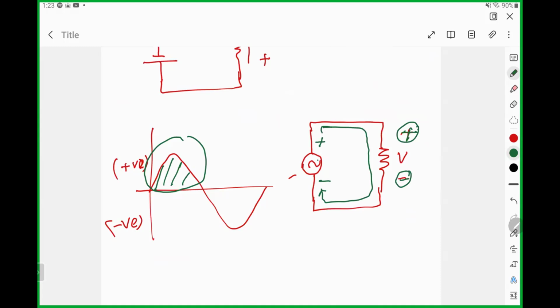Right? Now, let's say it is moving with time. So it has started from 0. If it is 50 Hz, this will be 10 millisecond and this will be 20 millisecond. So after 10 millisecond, what will happen? This starts going to the negative. Right?